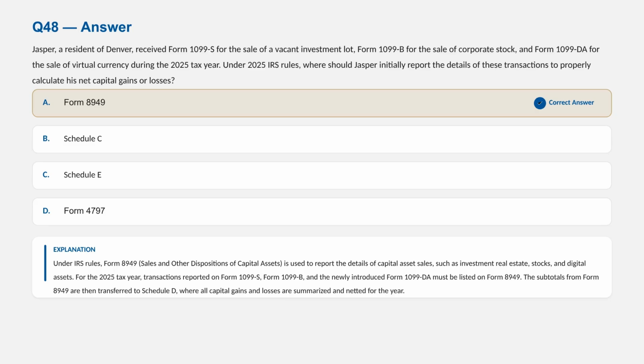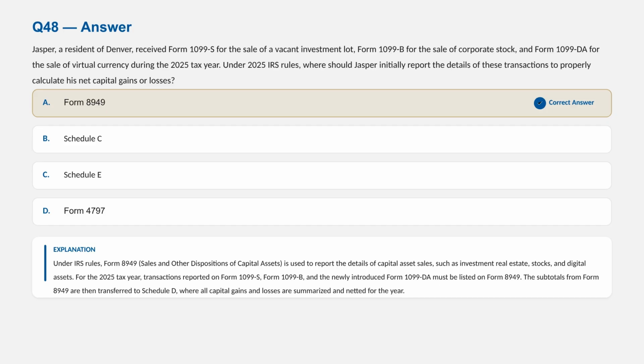For the 2025 tax year, transactions reported on Form 1099-S, Form 1099-B, and the newly introduced Form 1099-DA must be listed on Form 8949. The subtotals from Form 8949 are then transferred to Schedule D, where all capital gains and losses are summarized and netted for the year.